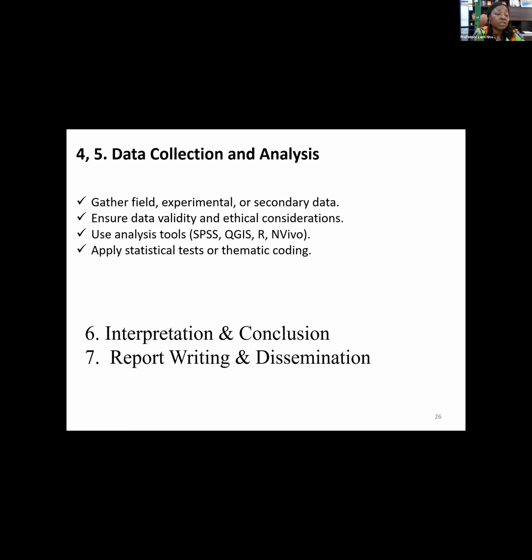Even laboratory research, you use GIS mapping. We have a GIS lab at the center. We have an environmental testing lab and a soil testing lab at the institute here. So just to let you know: data collection and analysis, interpretation and conclusion. Then you write your report.